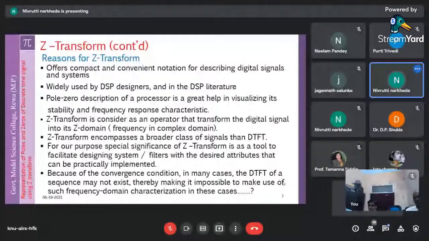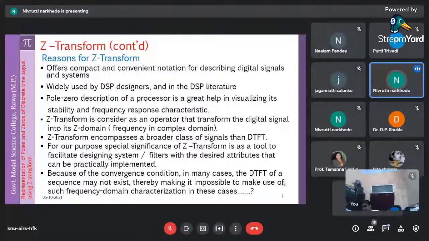The Z transform is considered as an operator that transforms digital signals into the Z domain, particularly frequency. The input is a discrete time signal and the output is in the complex domain, and that's why we use Z transform techniques in this case.